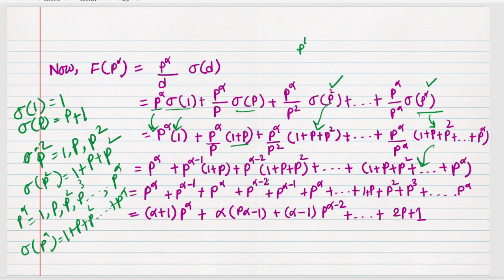Now as per our exponent law, we take the denominator into the numerator, which gives powers alpha minus 1, alpha minus 2, and so on.